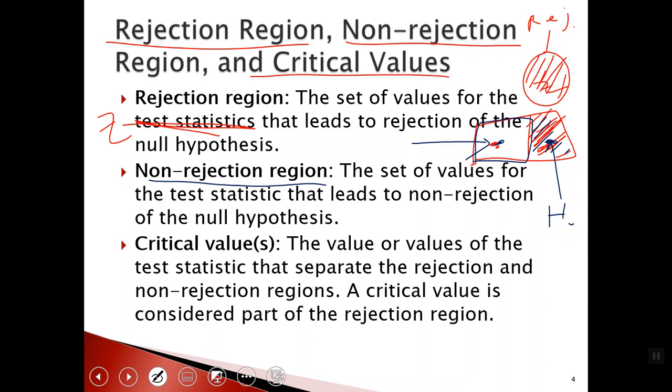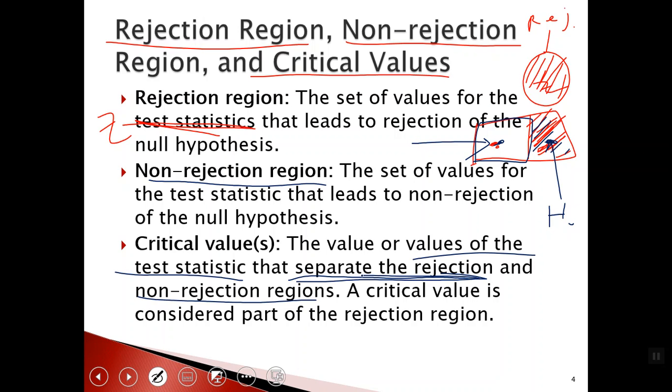Last one, critical value or values. What is this critical value? When we calculate a value of the test statistic that separates the rejection and non-rejection regions, we call it the critical value.